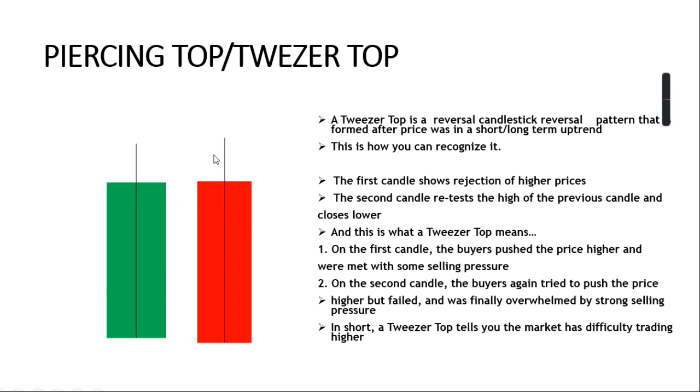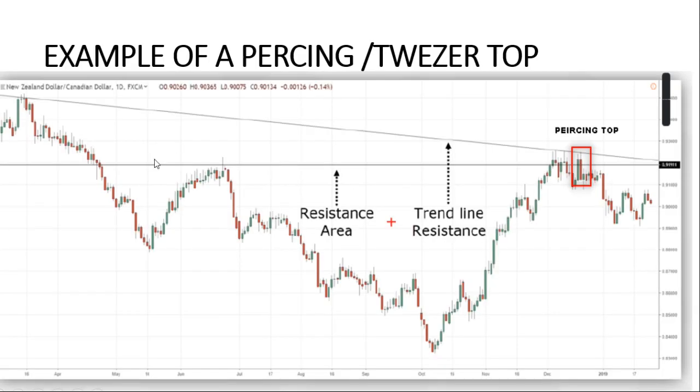Okay, this is a good bearish reversal pattern. So how do we see it? How will we recognize it? Look at this beautiful bearish reversal pattern which was formed here. It was formed at resistance, and immediately this happened, price traded lower. So these are very powerful signals.